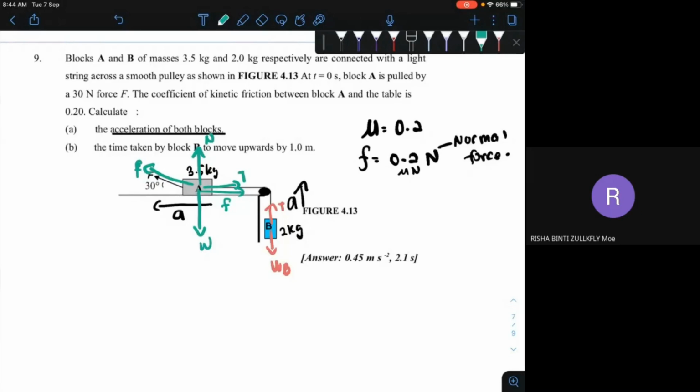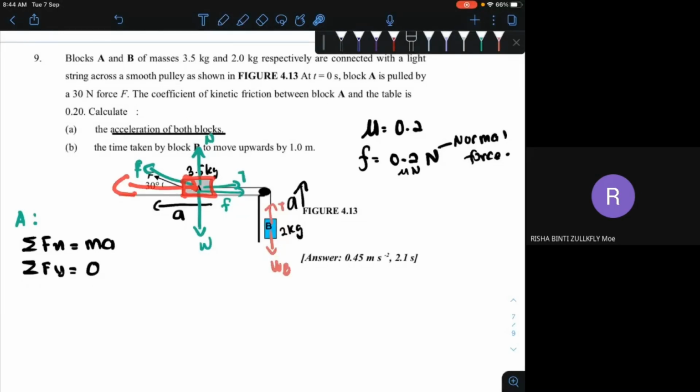Okay. Untuk objek A, acceleration kamu along X component. Okay, objek kamu tengah bergerak ke kiri. So, dia punya acceleration along X component. So, for A, summation Fx is equals to ma, summation Fy sama dengan kosong. Sebab objek kamu ni bergerak along X sahaja.